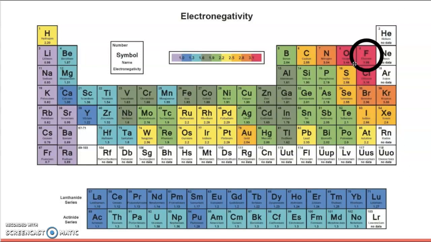Fluorine has my highest, then oxygen, chlorine, and nitrogen. Sorry about that. And then my lowest is going to be that group 1, bottom of group 2, with francium being my lowest. So same trend as ionization energy.